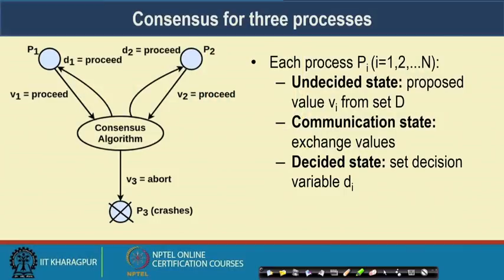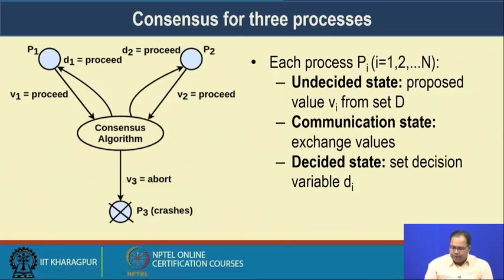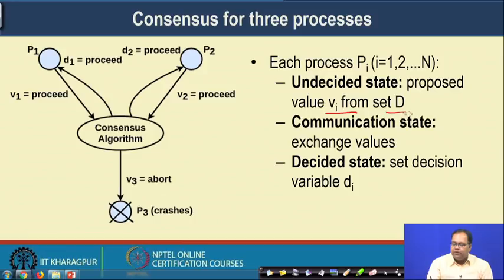So, to reach the consensus for three processes, every process can be in one of three states. One is the undecided state. In the undecided state, the process or the node has proposed a certain value from a set of feasible values D. So, every node has proposed some value and they are in the undecided state.